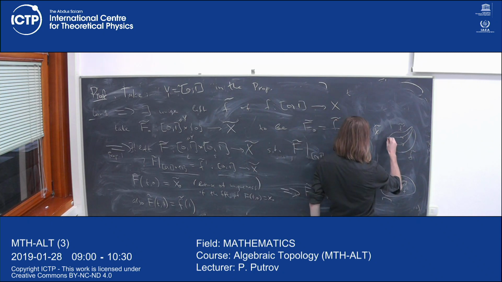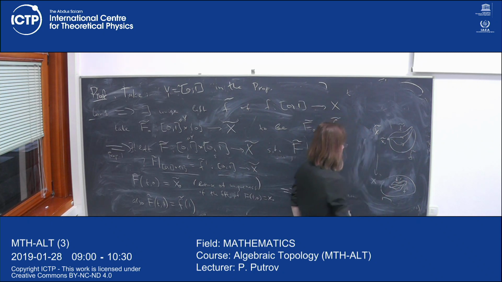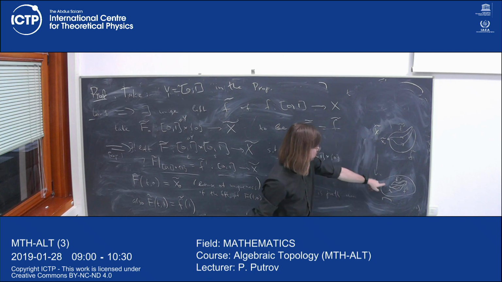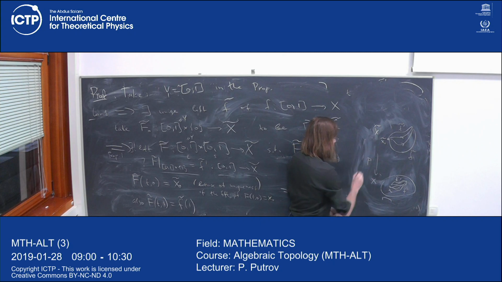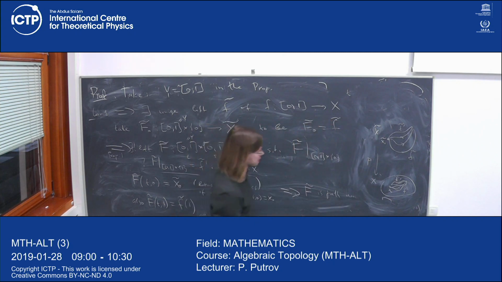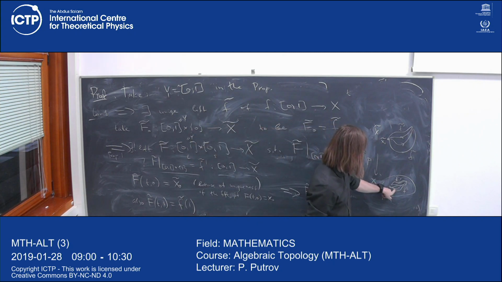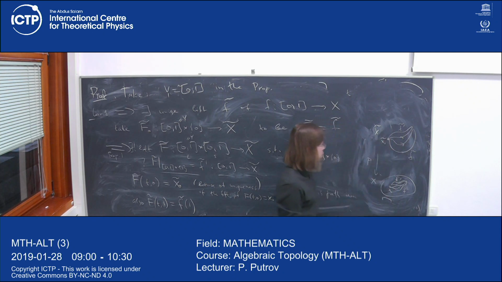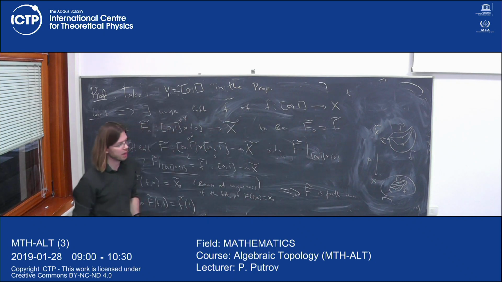So it's enough to just fix x0 tilde, which is a point in the preimage of p, a covering map. Once we fix f and x0 and x0 tilde, a path homotopy here gives a unique path homotopy upstairs.